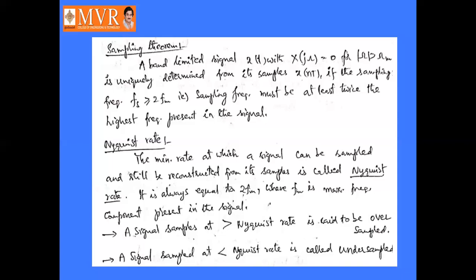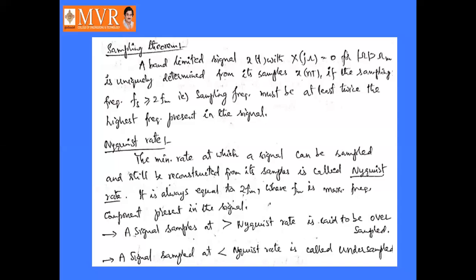The minimum rate at which a signal can be sampled and still be reconstructed from its samples is called the Nyquist rate. It is always equal to 2 fm, where fm is the maximum frequency component present in the signal. This 2 fm is called the Nyquist rate.